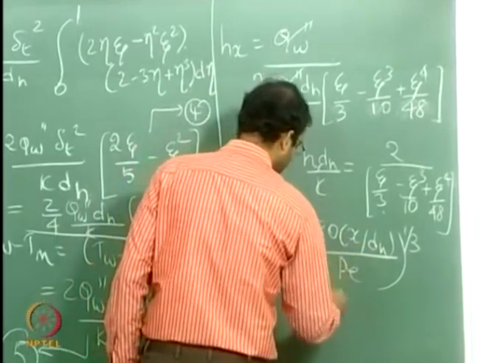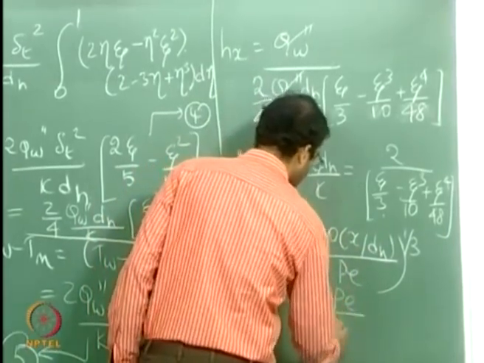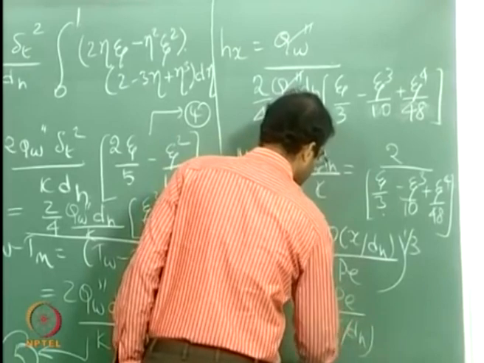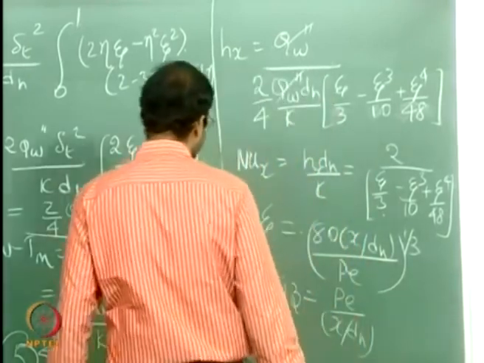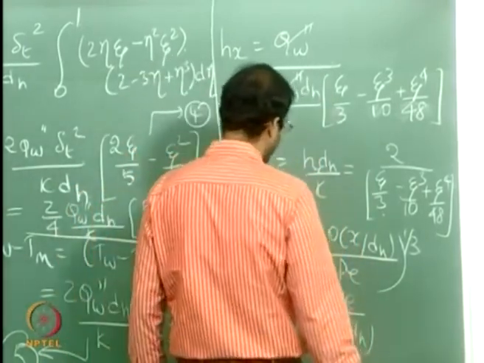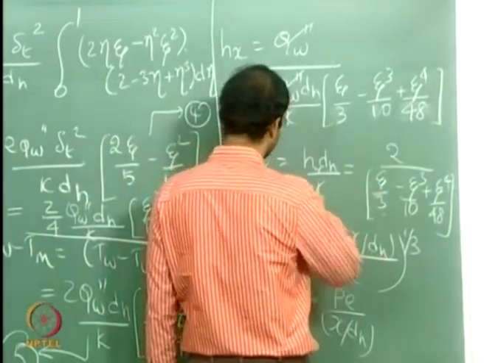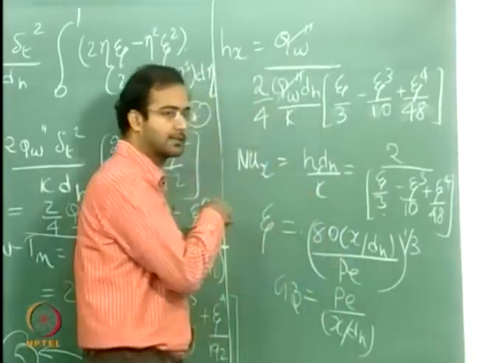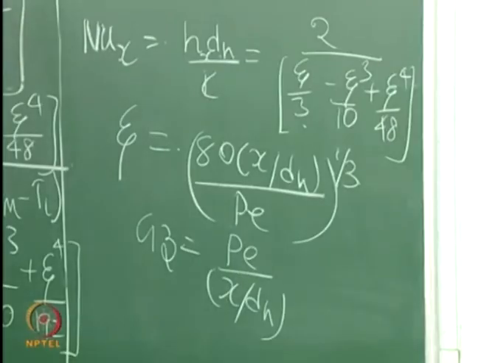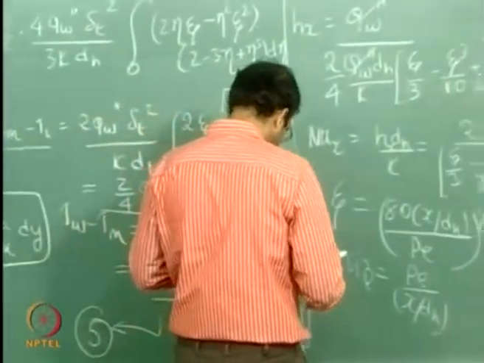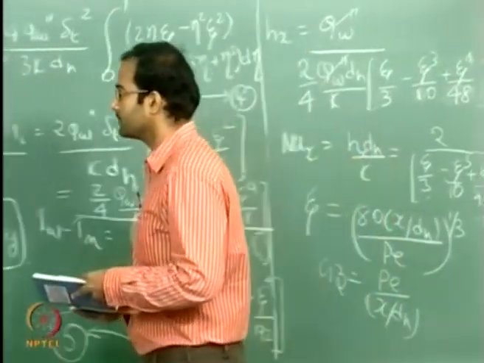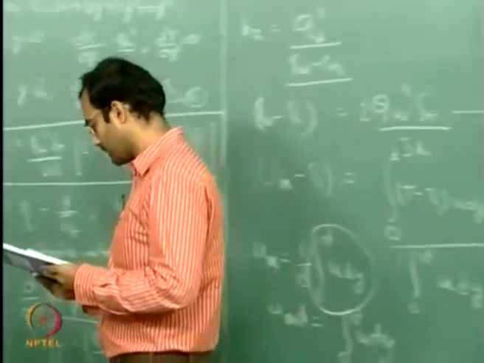This is the inverse of Graetz number, so this is Peclet number by x by dh. Once you know your non-dimensional zeta, this gives you the variation of your local Nusselt number with respect to the non-dimensional axial location. So this is the relation for the case of flat plate.